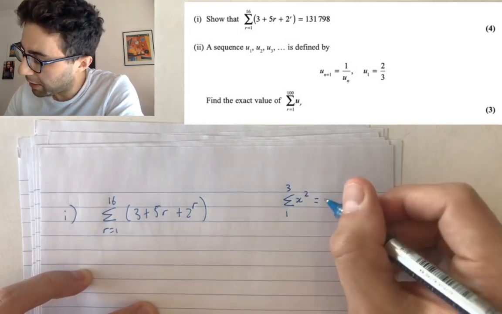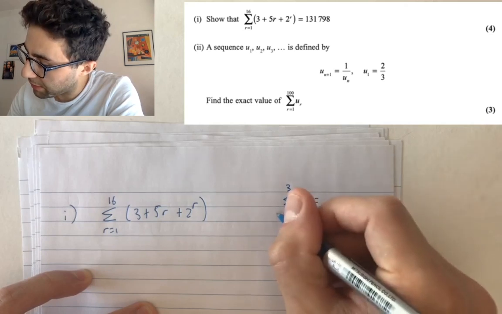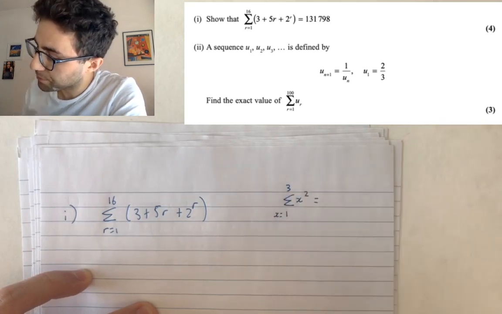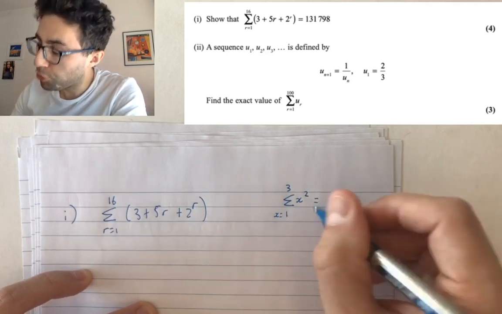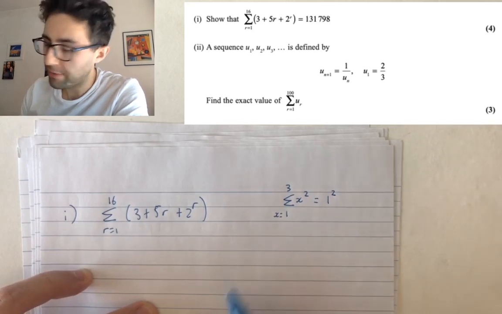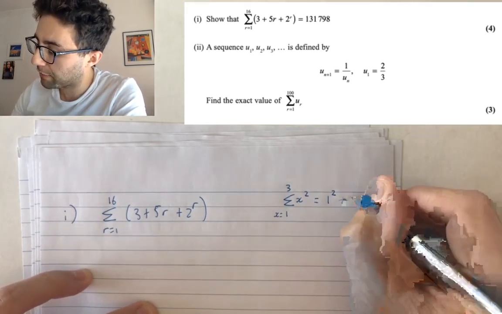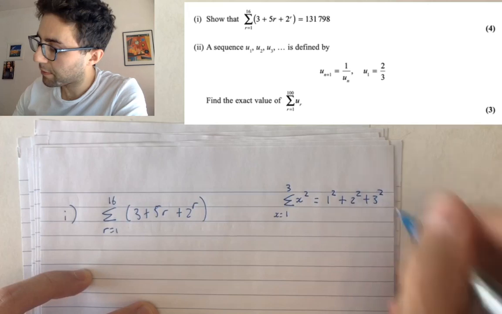Anyway, whatever the number is at the bottom, maybe we'll call it from x equals 1, you put that in first. So you'll do 1 squared. And then you keep putting in the x until you get to the number on the top.